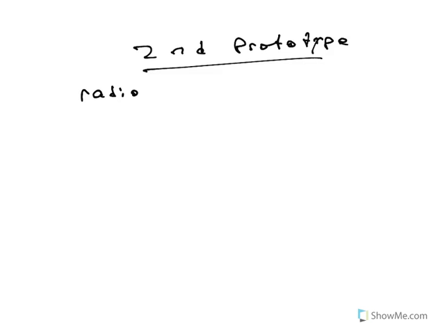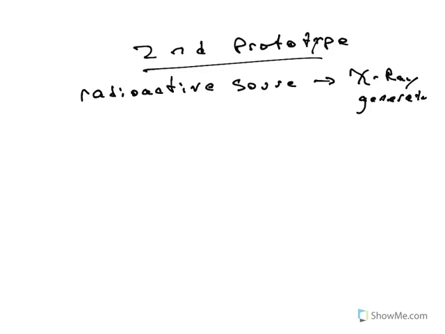Their second prototype, they changed the original radioactive source, the americium, to an actual X-ray generator, which allowed them to send way more X-rays all at once, or in a shorter period of time, than the normal radioactive piece of material just sitting there.